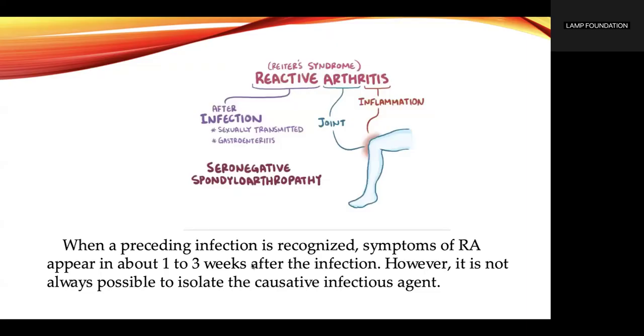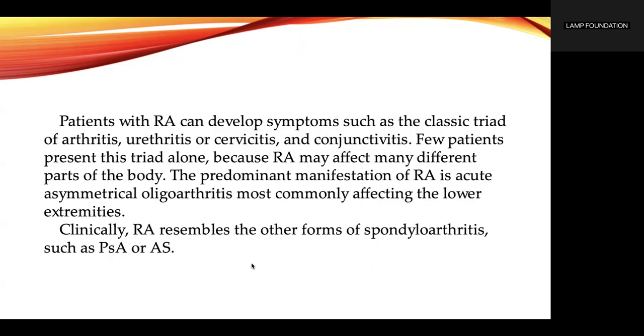When a preceding infection is recognized, symptoms of RA appear about 1 to 3 weeks after the infection. However, it is not always possible to isolate the causative infectious agent. Patients with RA can develop symptoms such as the classic triad of arthritis, urethritis or cervicitis, and conjunctivitis.